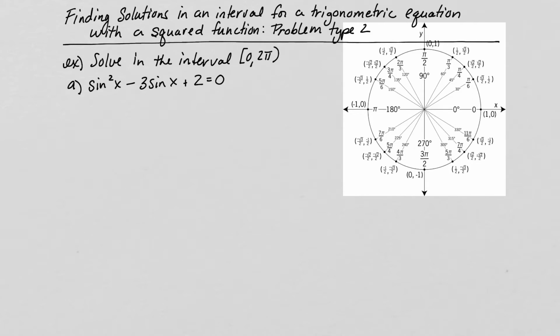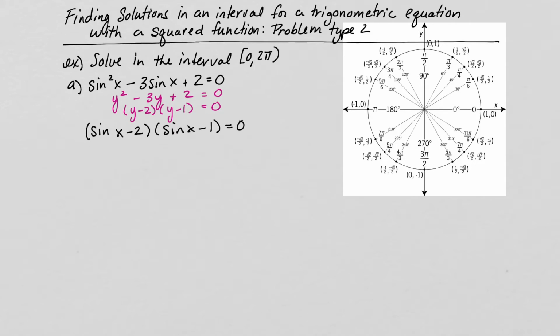What this is acting like is if I was trying to factor the equation, say y squared minus 3y plus 2 equals 0. To solve that, we would have to factor it. It would factor into y minus 2 times y minus 1 equals 0, which means my original equation factors into sine x minus 2 times sine x minus 1 equals 0.